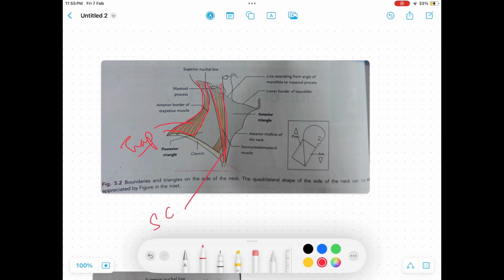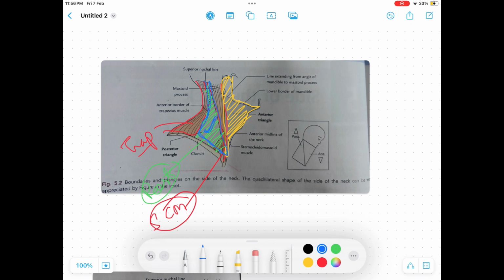What is SCM? Sternocleidomastoid muscle. And the area that I am coloring with green is the posterior triangle. And the area that I am coloring with yellow is the anterior triangle. And we are here to discuss only about this area, that is posterior triangle.